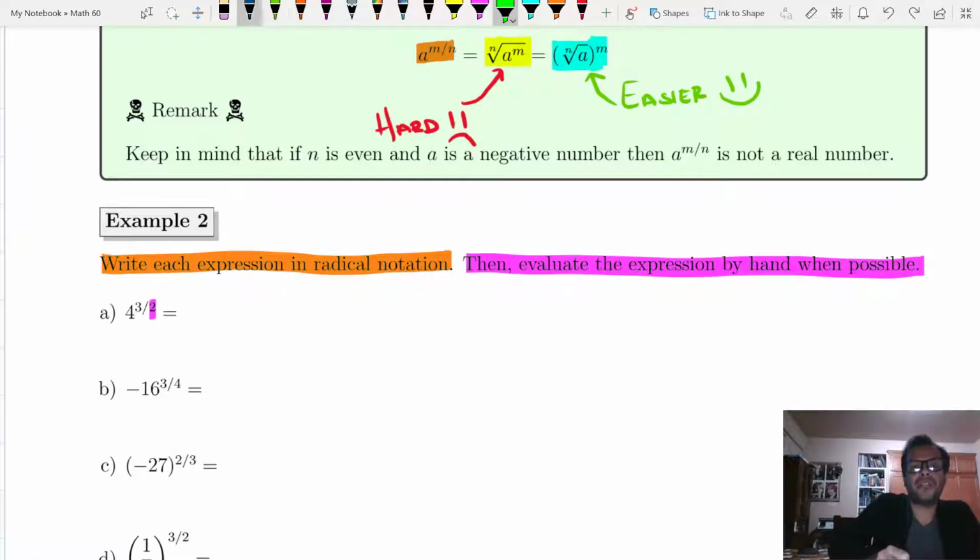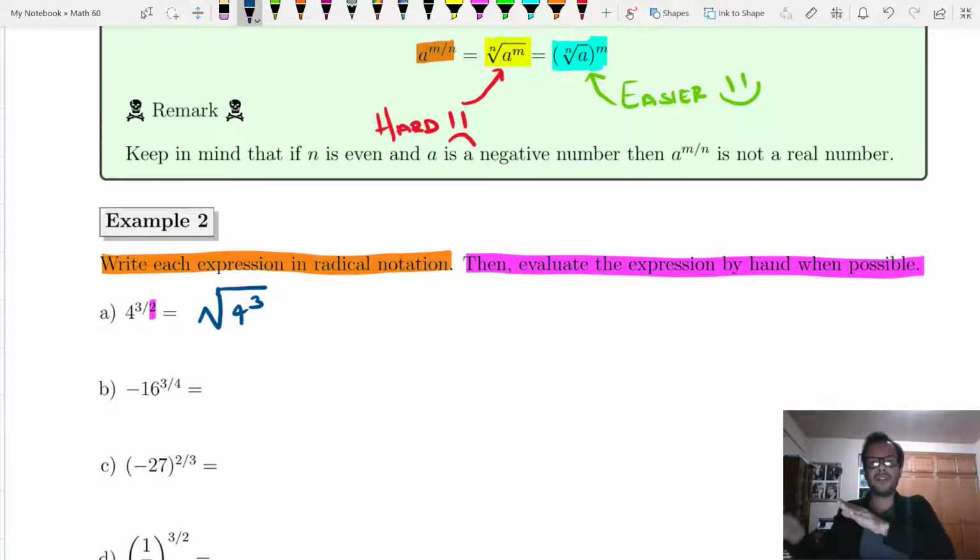Now let's write this down using radical notation. So the index is 2. There's no need to write anything outside of the radical, we don't need to write down this 2. Just keep it like this. It is understood that this is square root, and then write 4 cubed inside.